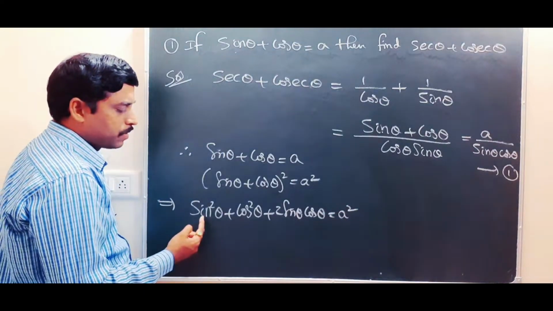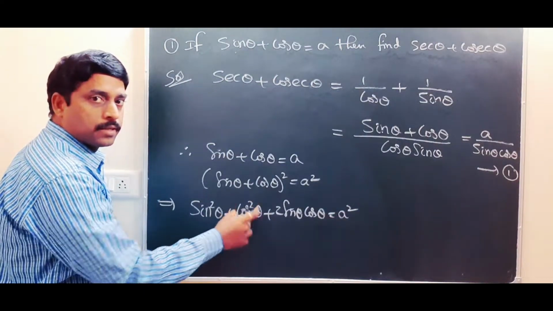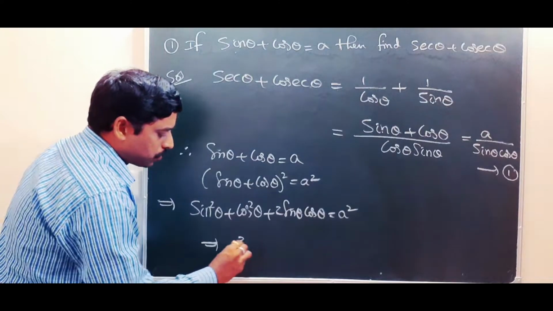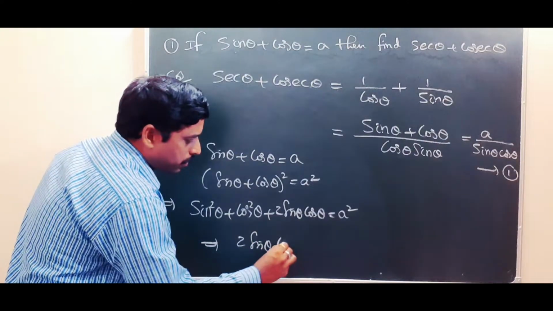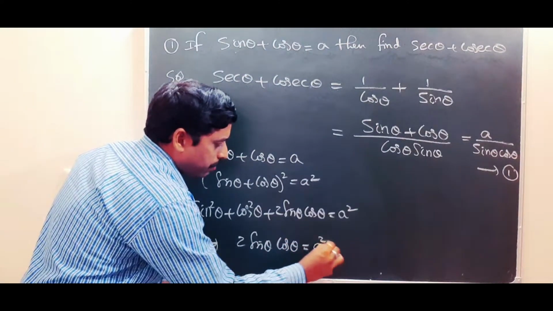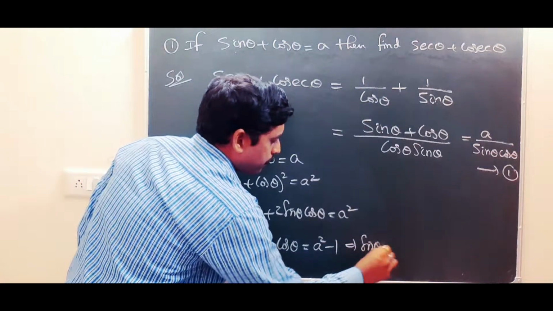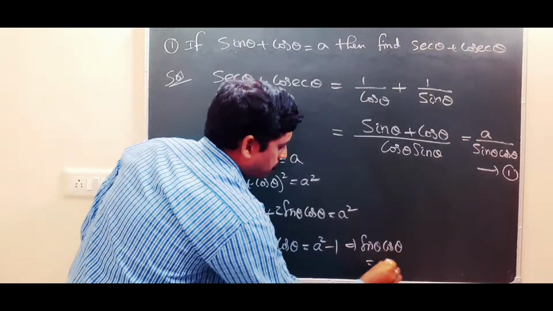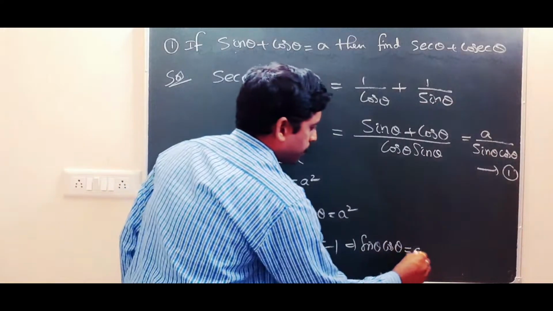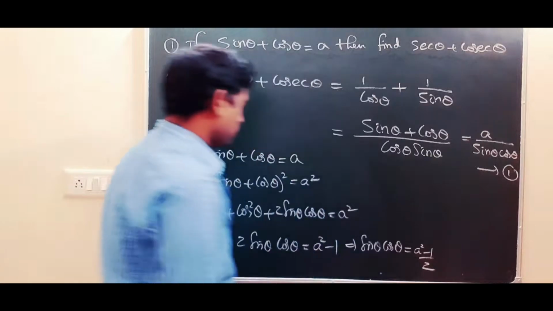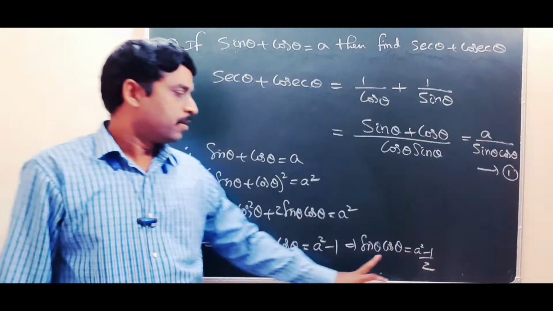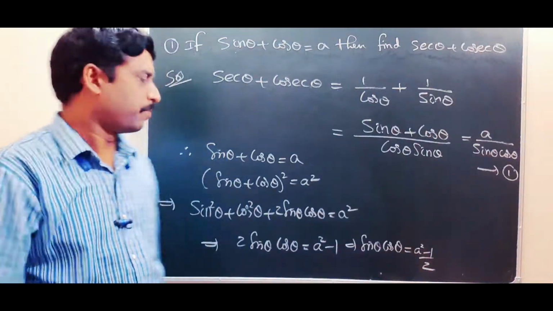Now sin square plus cos square is 1. This plus 1 bring to the right side. So 2 sin theta cos theta equal to A square minus 1. Therefore sin theta cos theta will be A square minus 1 by 2. So we have got the sin theta cos theta value as A square minus 1 by 2.